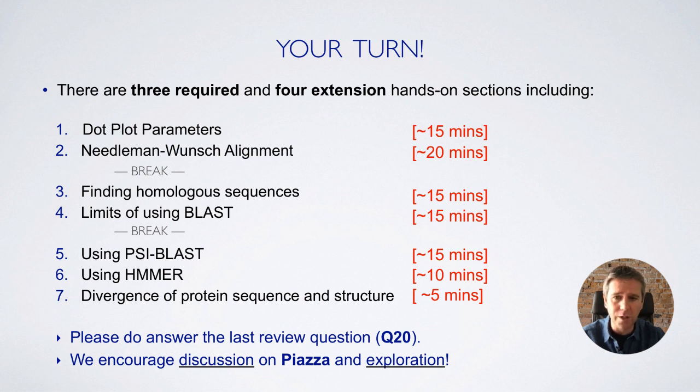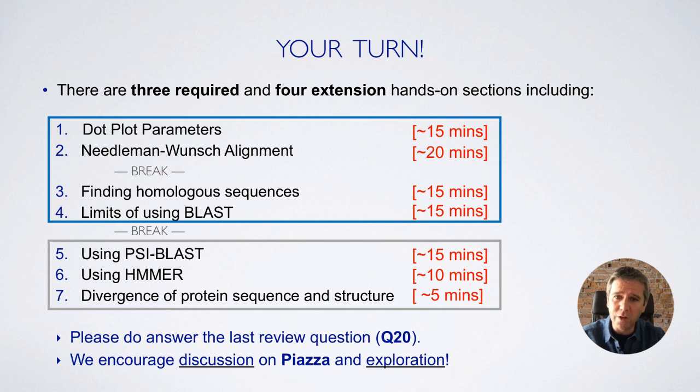We're really going to focus today on the first 4 of these sections. These are all that you absolutely have to fill in to get full marks for this lab section. And we'll take it pretty easy.